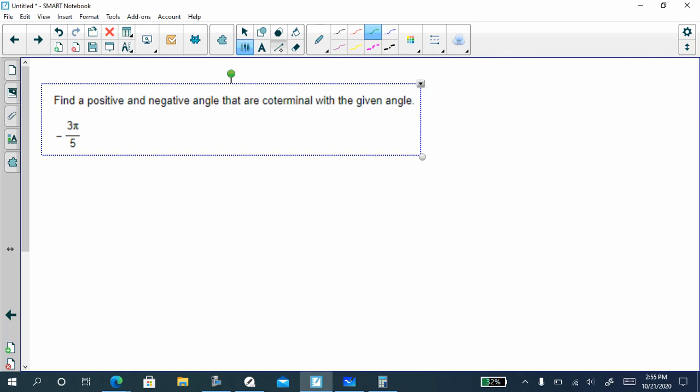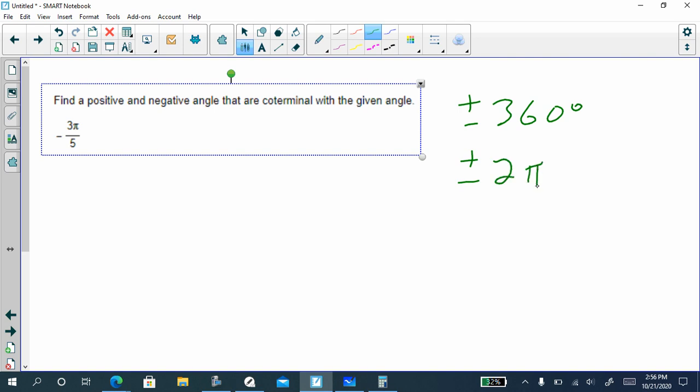Now they want us to find a positive and a negative value that's coterminal with this given angle. So when we were finding things that were coterminal in degrees, we would add or subtract a full rotation in degrees. If we have something that's in radians, we would add or subtract a full rotation in terms of radians.